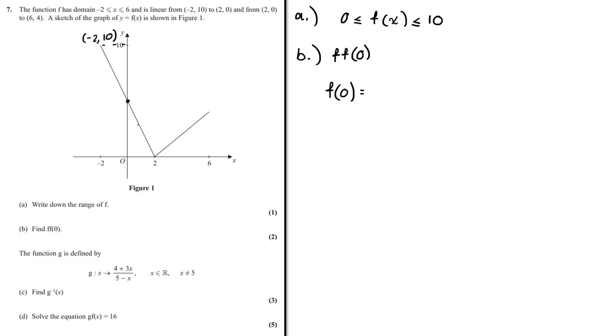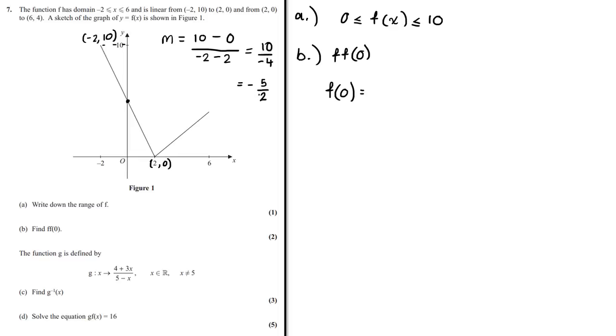Because this goes from -2, 10 to 2, 0, we can simply find the gradient. So m would be equal in this case to 10 minus 0 all over -2 minus 2. That's going to give us 10 over -4, which is the same as -5 over 2.